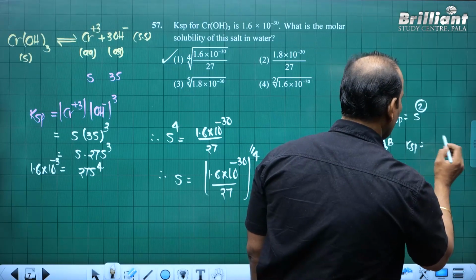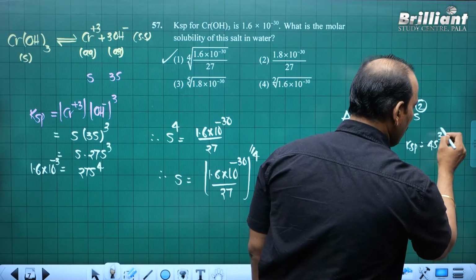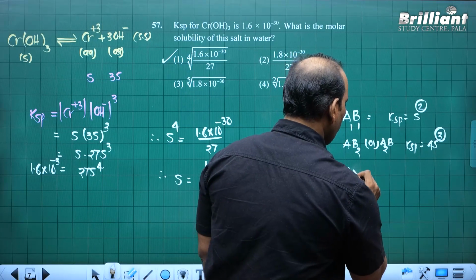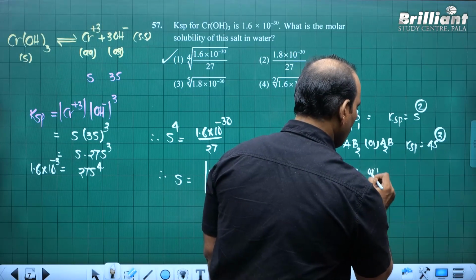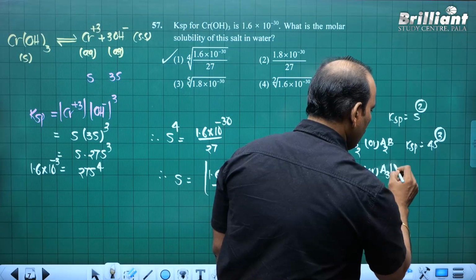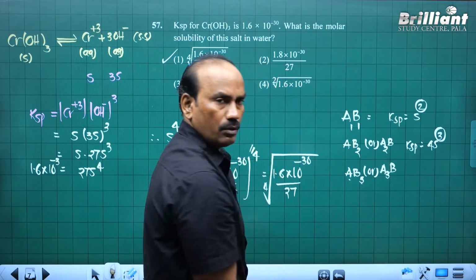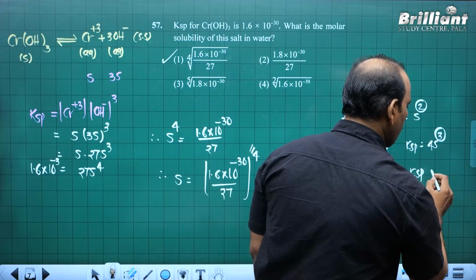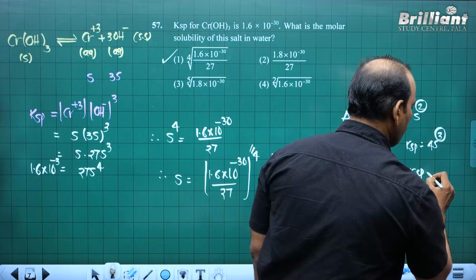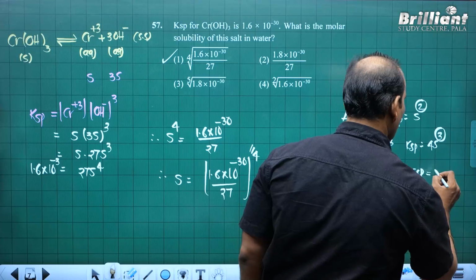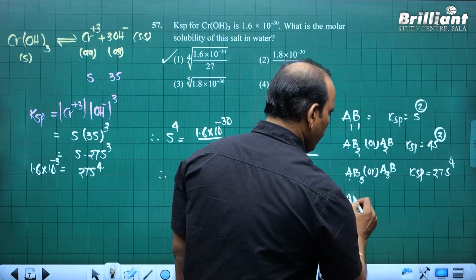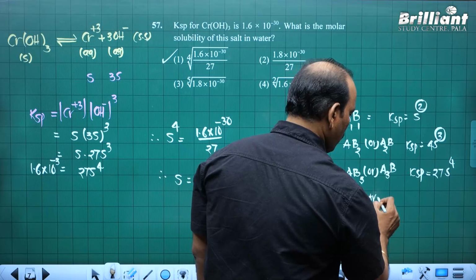Ksp is generally 4S cube. Here I am talking about 3. Next one is AB3 or A3B. What is the value? 1, 3, totally 4. So, Ksp is directly proportional to S power 4. That means here it is 27 S power 4.